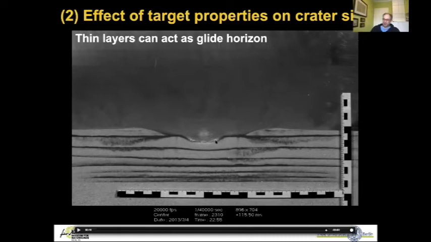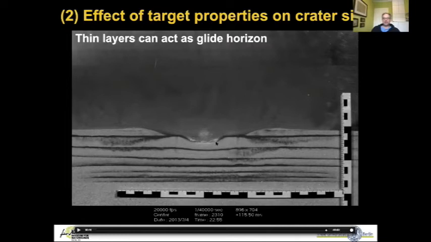So there are two things when layering becomes important. On the one side, when you have density contrast. For instance, for the Moon, that would apply to the fact that, and I know you have heard some seminars on this already before, you have some sort of a loose regolith layer sitting over some megaregolith, and underneath maybe some more competent basement rocks.